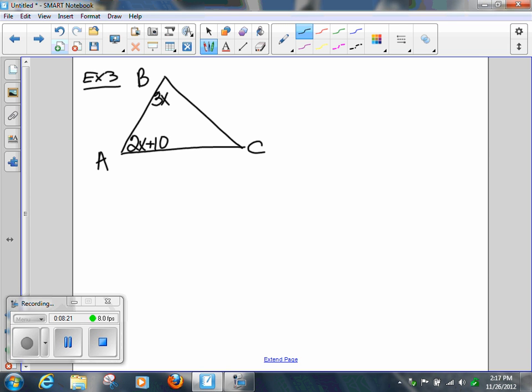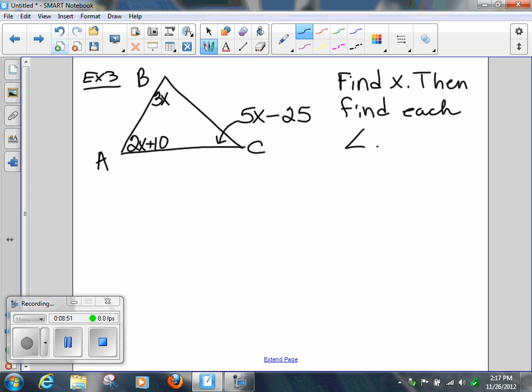And angle C is 5x minus 25. Totally making this up. Don't know what we're going to get. But I want you to do a couple of things. I want you to find x. Then find each angle. See what you can do with that. Go.